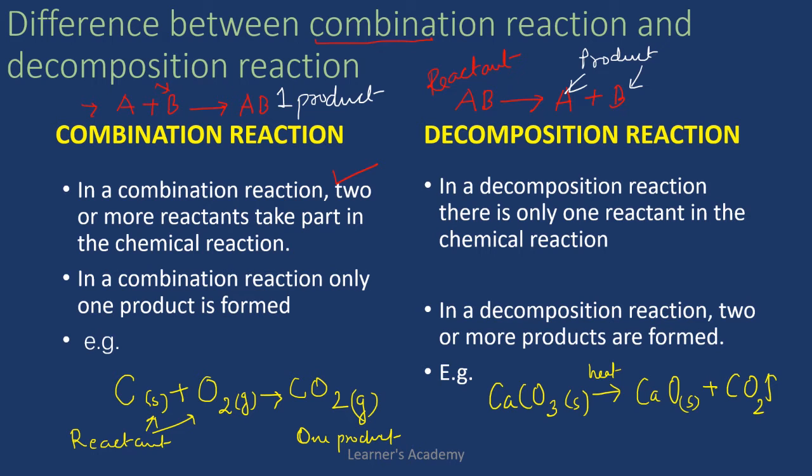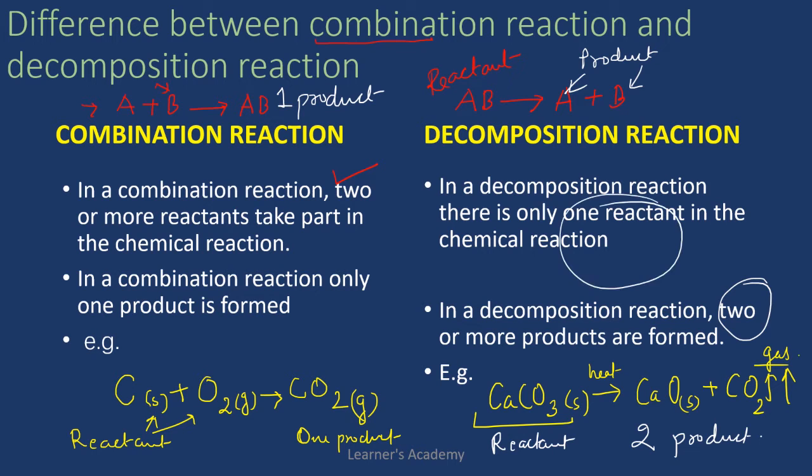So whenever we use this type of arrow, that means it is a gas which will escape in the reaction. So you can see there is only one reactant here, and there are two products. This is what we learned here, that we have two or more products and only one reactant.